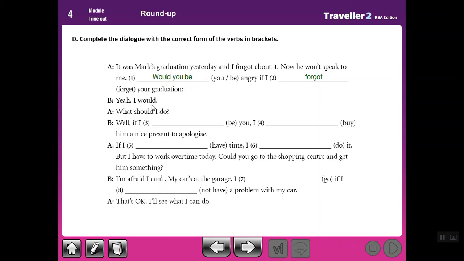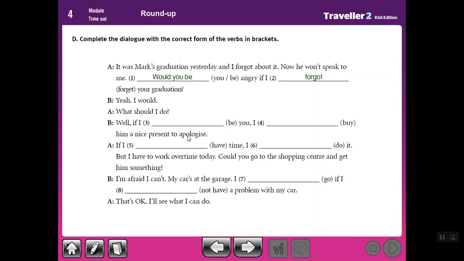B: Yeah, I would. A: What should I do? B: Well, if I... Oh yes, here C started with if. He didn't use if in the middle of that sentence. He started with if. Okay? If I were you, I would buy him a nice present to apologize.